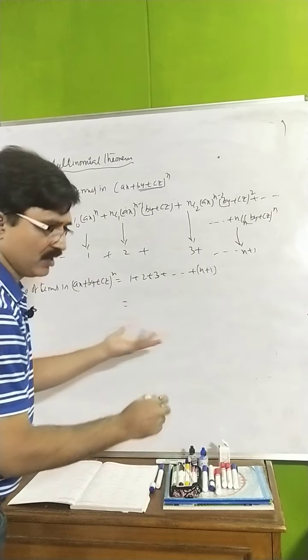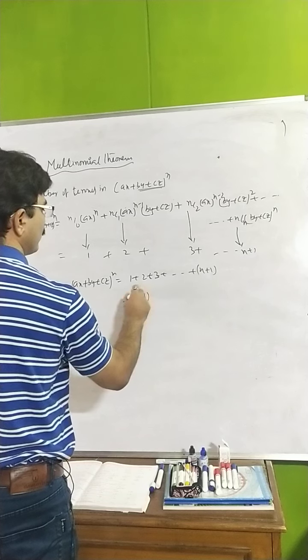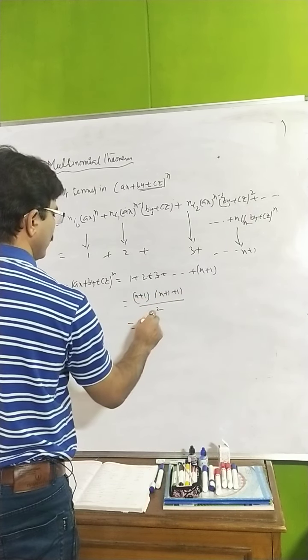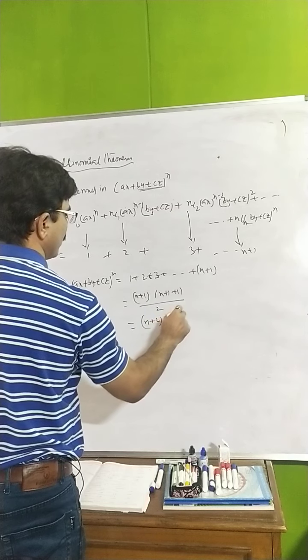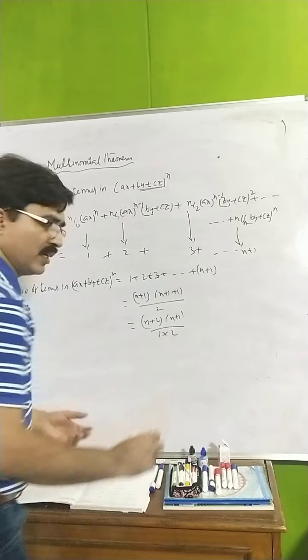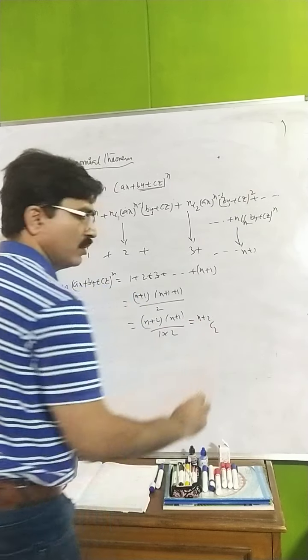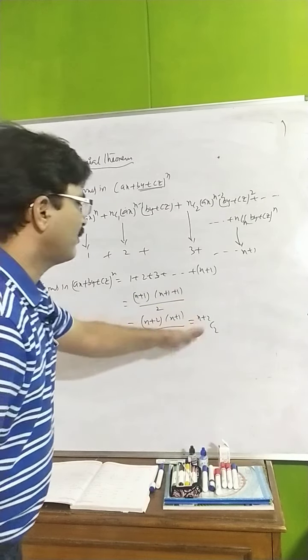By using the formula you can write (n + 1)(n + 1 + 1) divided by 2, that is (n + 2)(n + 1) divided by 1 into 2. Even if you write n+2 C 2, it is no use learning like this.